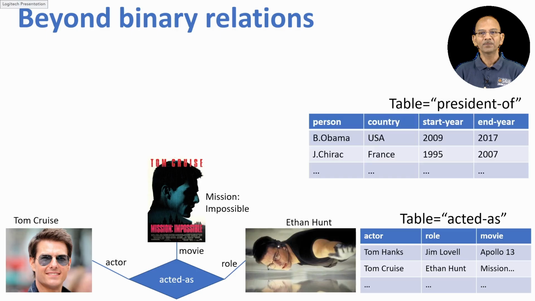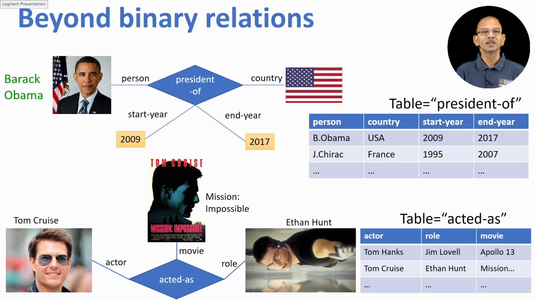Similarly, if you have a president of relationship, where Barack Obama was president of USA between 2009 and 2017, that would be shown as a president of node connected to all the other aspects or elements of the relationship. Barack Obama is the subject entity, USA is the object entity, and there is a start year and an end year as attributes.